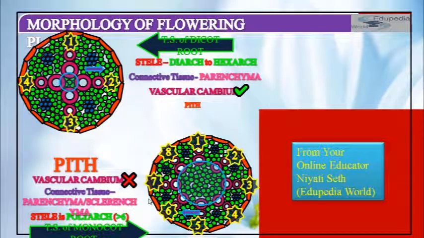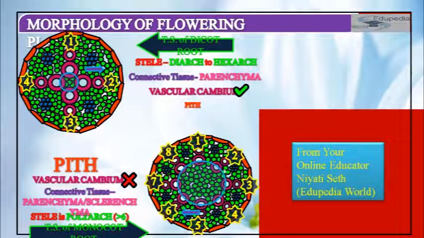So what is the difference between monocot root and dicot root? So this is the monocot root, in which pericycle produces only lateral roots. Number of xylem and phloem are numerous, that is around 8 to many. Xylem vessels are oval or rounded. Conjunctive tissue is mostly sclerenchymatous, but sometimes it could be parenchymatous too.